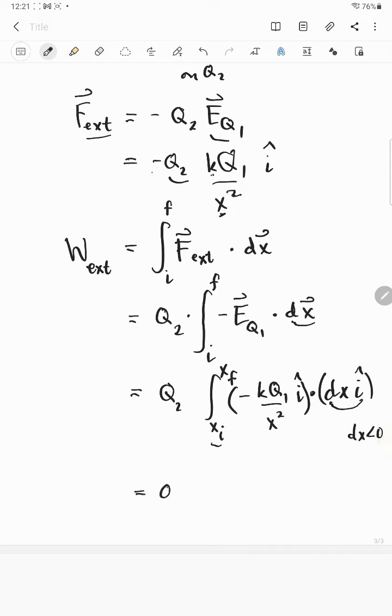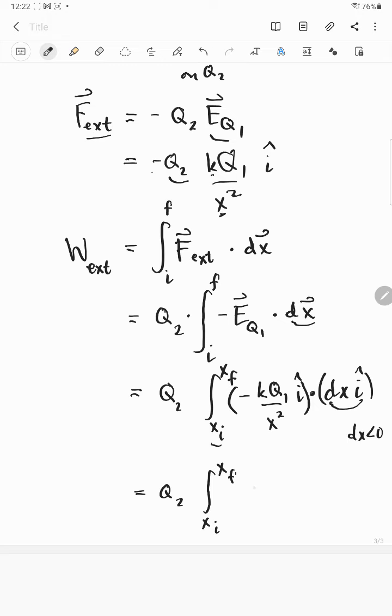Okay, so if you do this integral, you're going to get Q2 times the integral of negative 1 over... so don't forget, we've got i hat dot i hat, that's plus 1. So when you do the dot product, we'll go from x initial to x final.